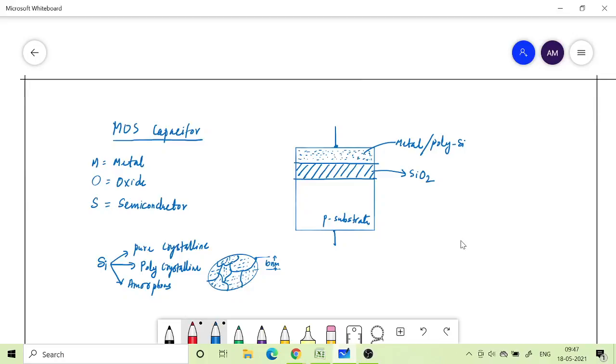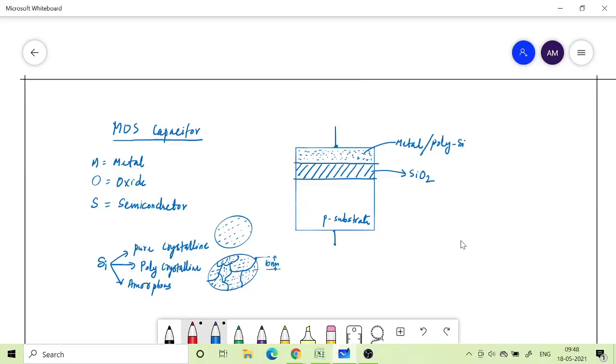And they are very conductive compared to pure crystalline silicon, which has the entire thing like one regular structure, fully periodic. Okay, so compared to pure crystalline, this polycrystalline structure is very conductive, whereas in amorphous we don't have any regular arrangement at all.